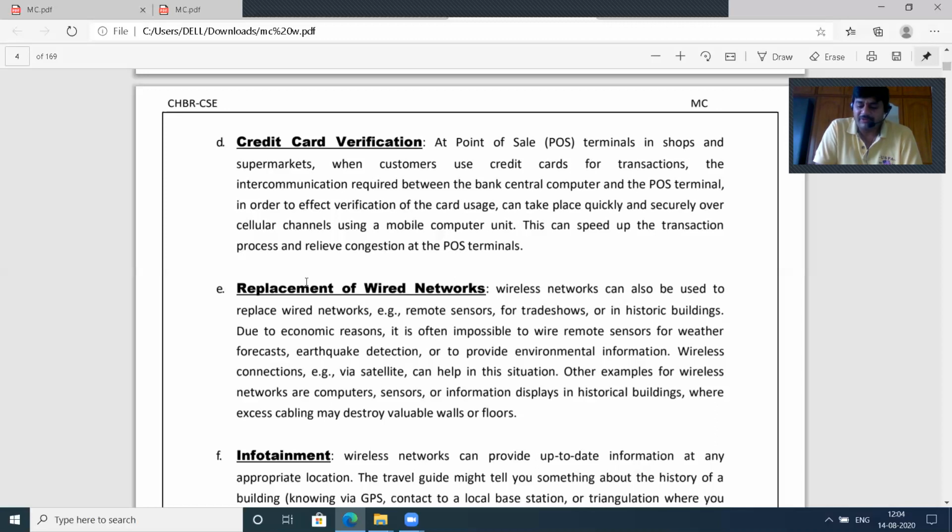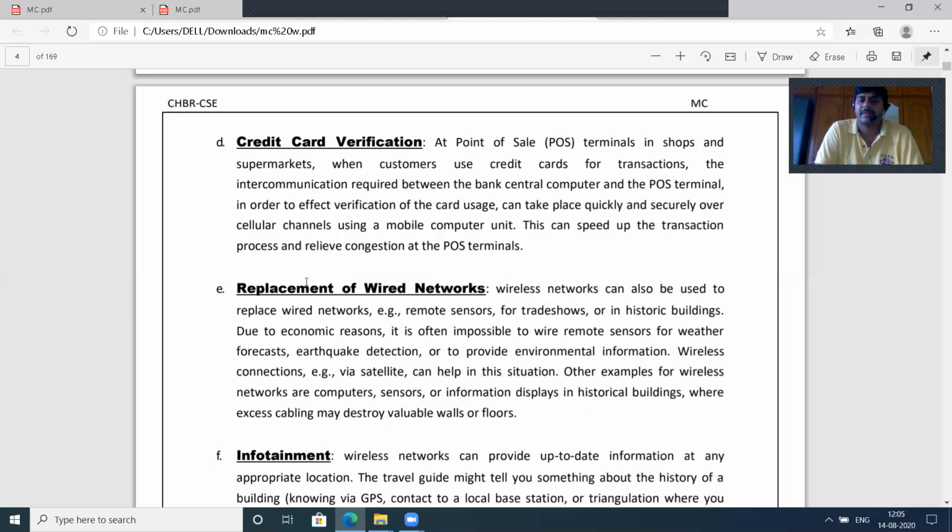To replace wired networks, a wireless network is needed. Let's take an example: remote sensors in historic buildings. Due to economic reasons, it is often impossible to wire remote sensors for weather forecasts, earthquake detection, or to provide environmental information.